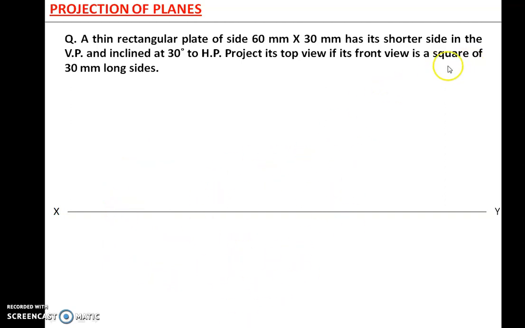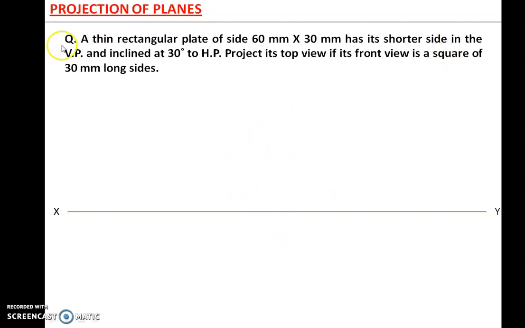So the square or the reduced shape which is given in the problem will be of the second step. Now when the rectangular plate will be inclined in the second step, or the surface inclination will be given to the rectangular plate, its front view will be seen as a square. Okay, so somewhere here you will get the square.